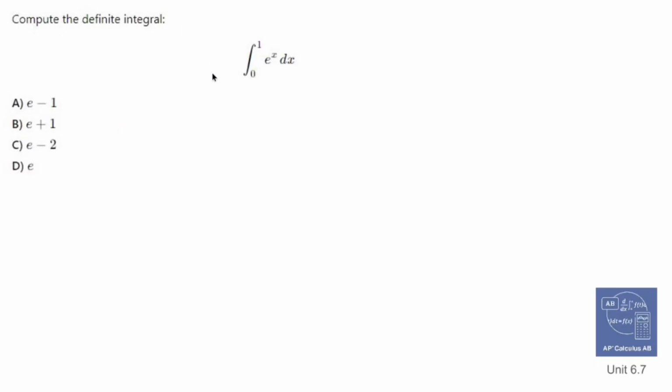Compute the definite integral where we have the integral between 0 and 1 of e to the x dx. Well, this is a fun little rule. The integral of e to the x dx is just e to the x. So what I do is I take the integral, e to the x, and I carry along my limits of integration, which are still just 1 and 0.